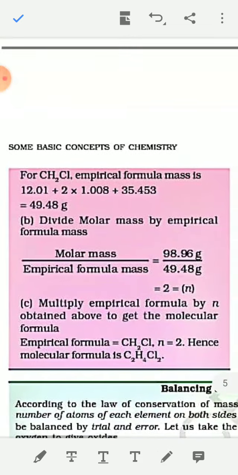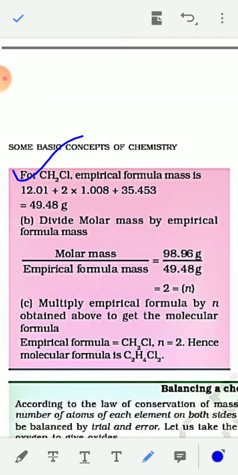It will be mass of 1 carbon, that is 12, plus mass of 2 hydrogen, that is 2 into 1, plus mass of 1 chlorine, that is 35.5. The empirical formula mass of the compound is 49.48 gram.